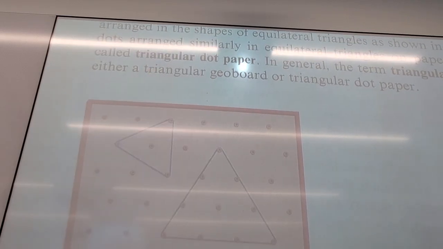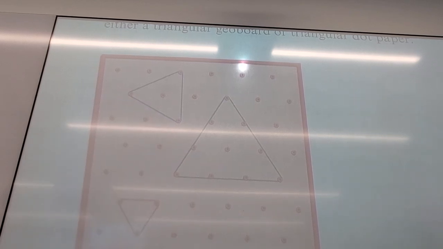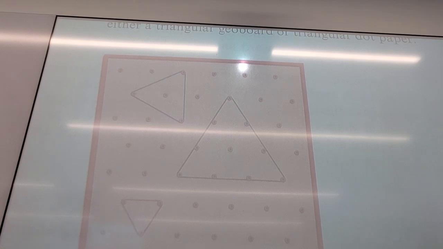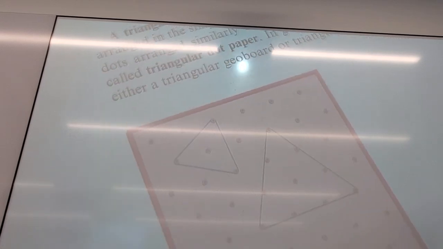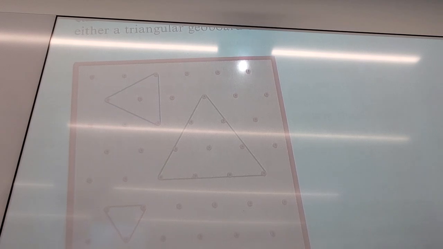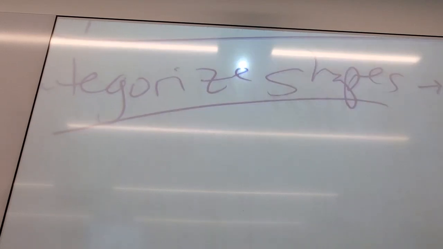If you don't want to give people little rubber bands, you can make your triangles on paper. And it's kind of nice because instead of just drawing, they're actually physically putting something together. They've made this triangle and have more of a connection to it. And then of course, if you rotate it, they're like, oh, that's a triangle. Now it isn't. Well, yes, it is, because it's the same thing. Just a different physical manipulative they can work with.